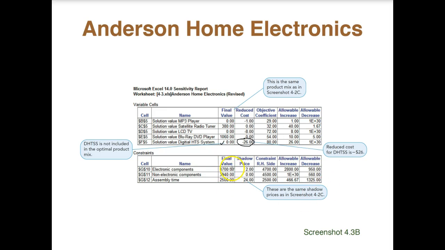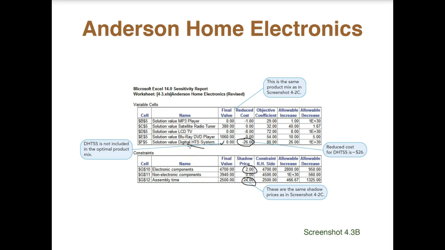And you'll see that our shadow pricing is the same for this particular model because, at this price point of $175 for the digital home theater system, we've decided it's just not worth making.